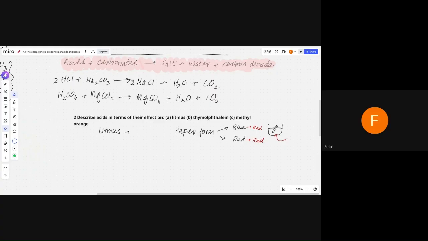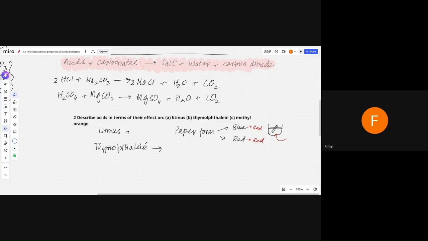So now we move on to the next one, which is thymolphthalein. Thymolphthalein is another indicator, right?